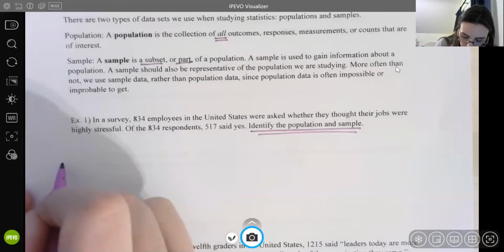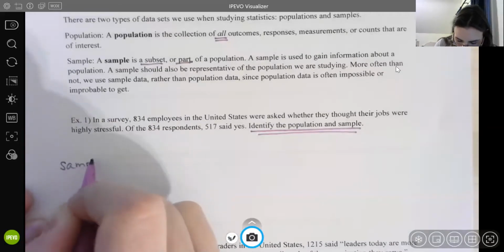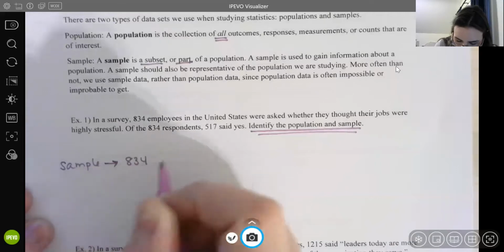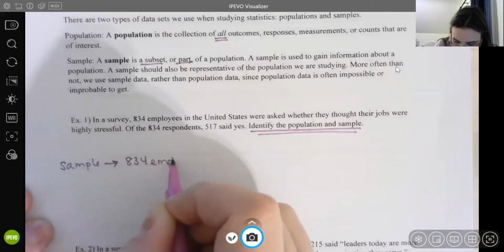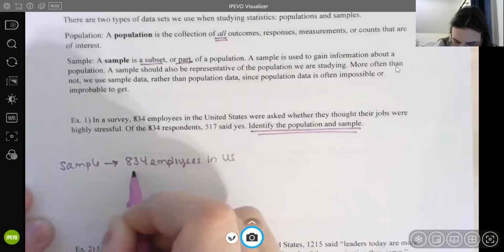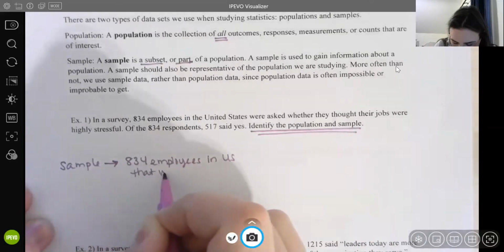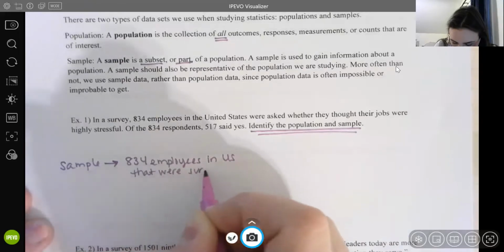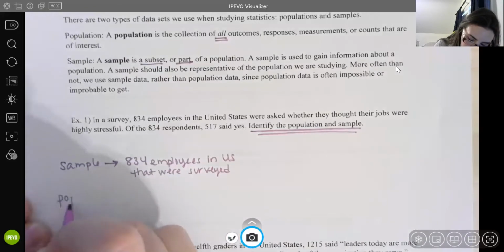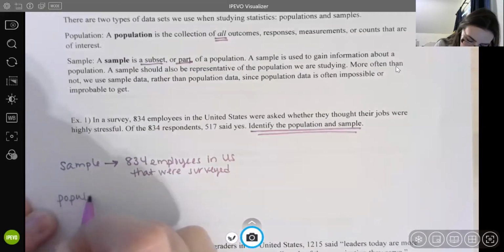So our sample here would be the 834 employees in the US that were surveyed. And what would be our whole population?